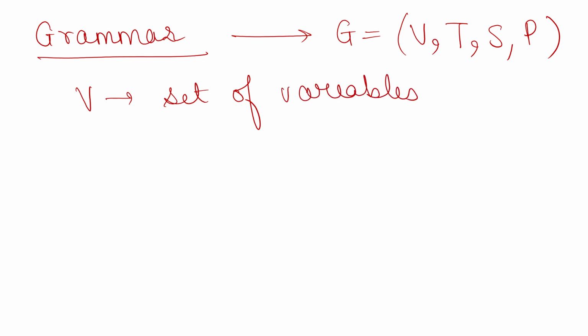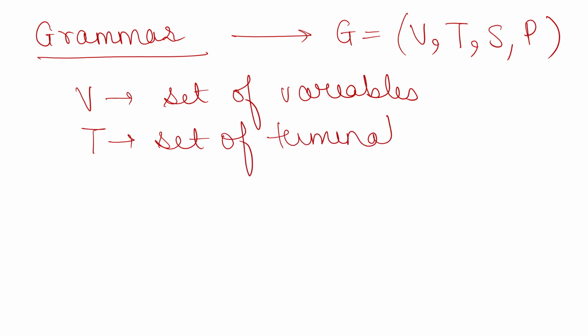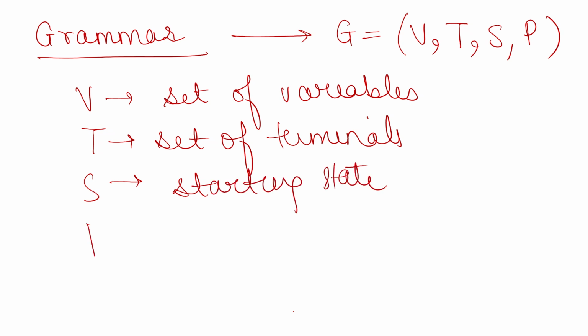T stands for the set of terminals. S stands for the starting state. And P is the set of productions.